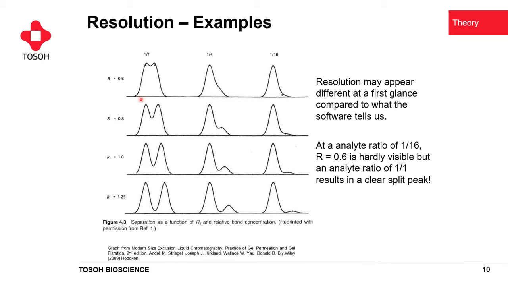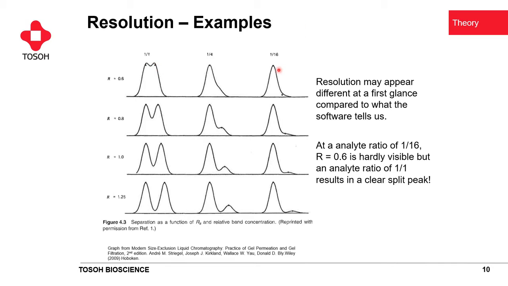So this is something that we see, for instance, for a resolution of 0.6, which is rather low, but if we have a solution that contains a ratio of 1:1 of two different molecules, we can still see that there are two different molecules in the solution.